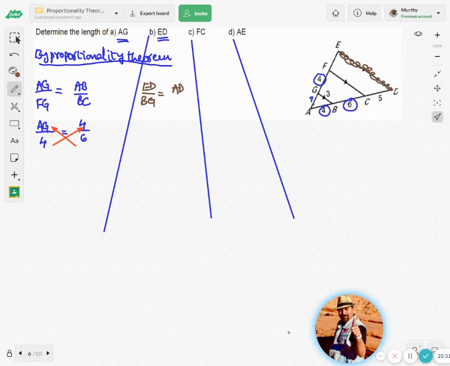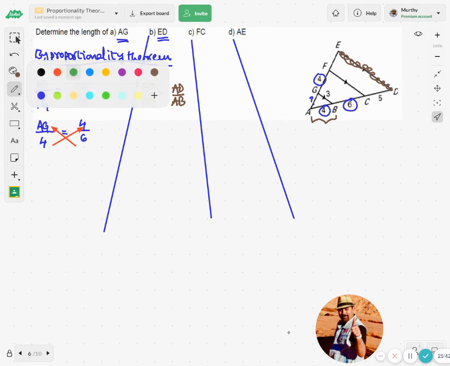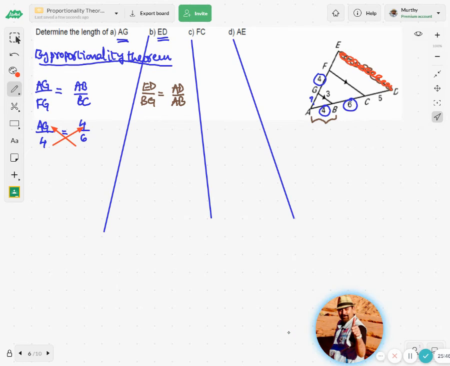Okay, so if I'm taking this small triangle, then I have to consider side of this one, which is AB. Once again, I'm repeating, if I'm taking one side of the large triangle, that is, I'm taking these two sides, which is ED and AD.